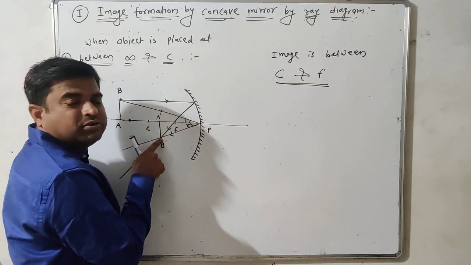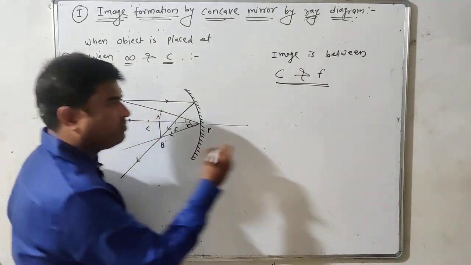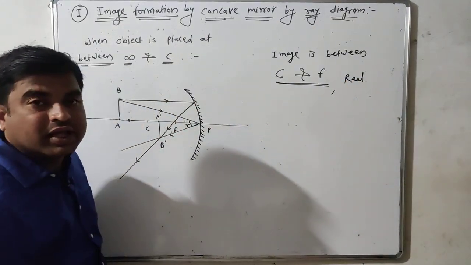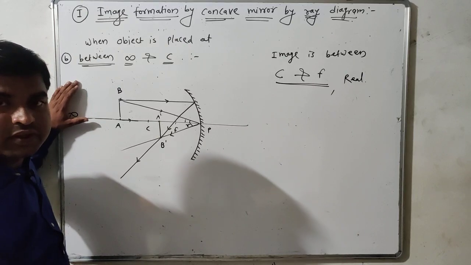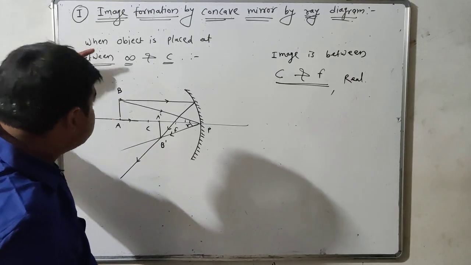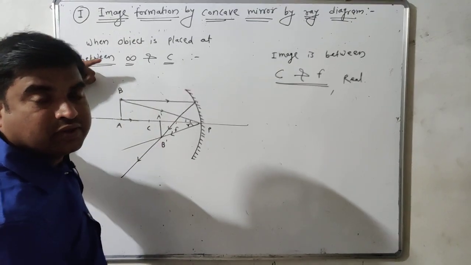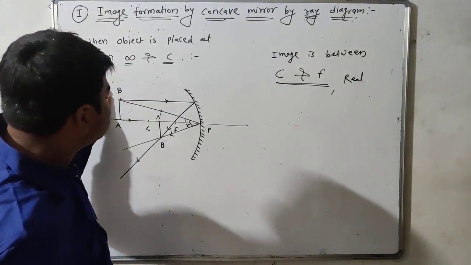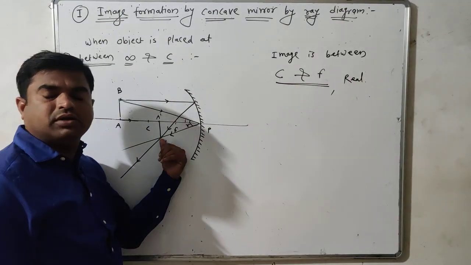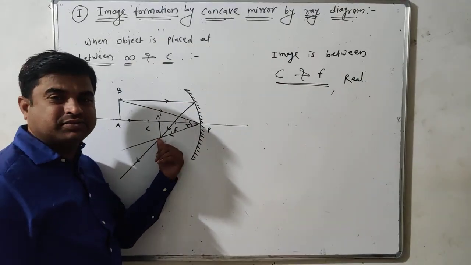Now student, as you can see here, the image B dash is produced due to converging rays. Therefore the nature of this image is what? Real. As you can see here also, point B of the object is above the principal axis, but when its image is obtained, it is below the principal axis.